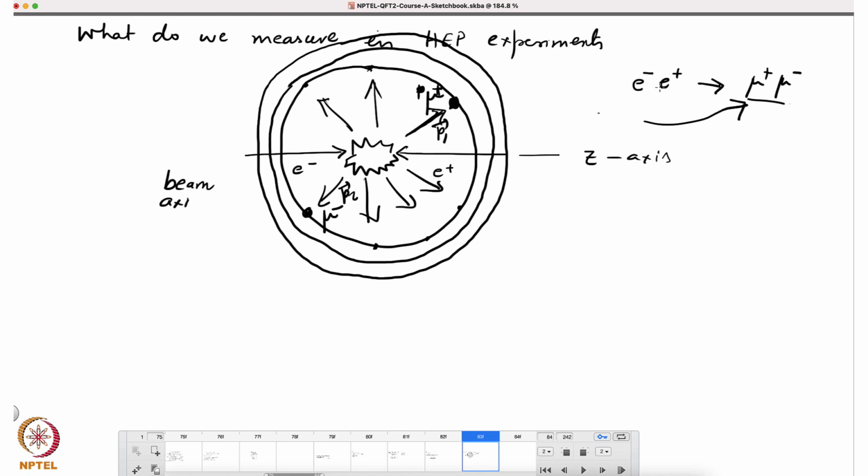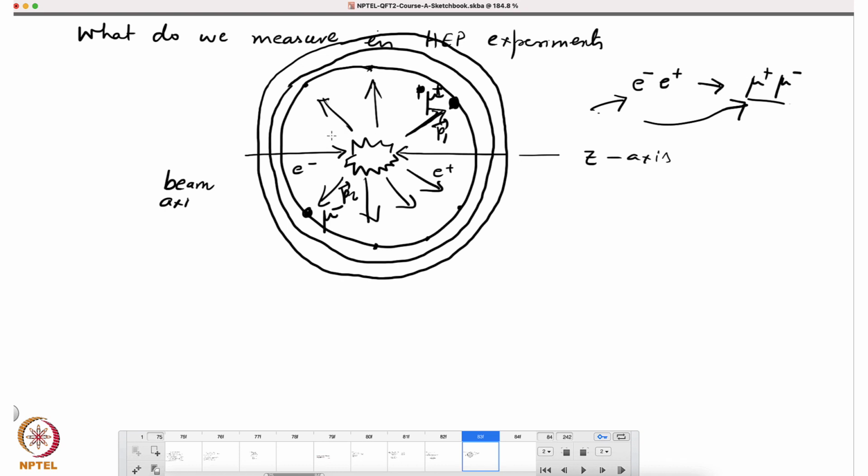Okay. If the interaction between electron and positron were to be changed, then these probabilities would also change. Okay. Given the universe we have right now, whatever interactions these particles experience, given that, you can calculate and measure what is the probability of producing a particular final state.